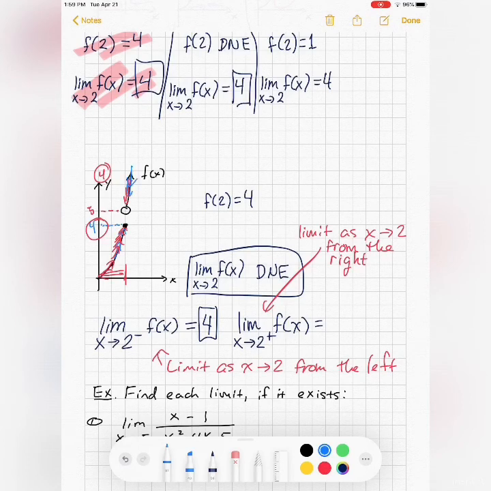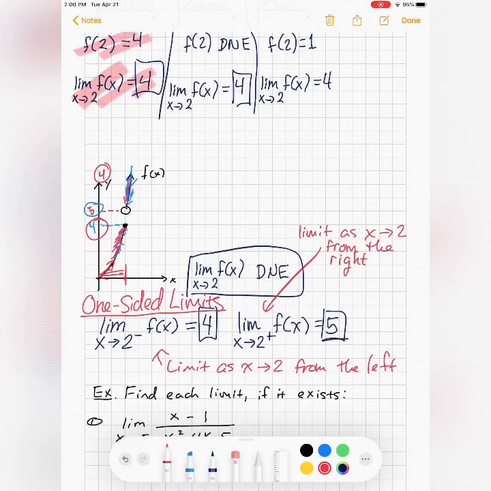So this time I'm coming down this way. The values of y are getting close to 5. Okay, so what do I see? I see that these are one-sided limits, and I see that these one-sided limits exist.